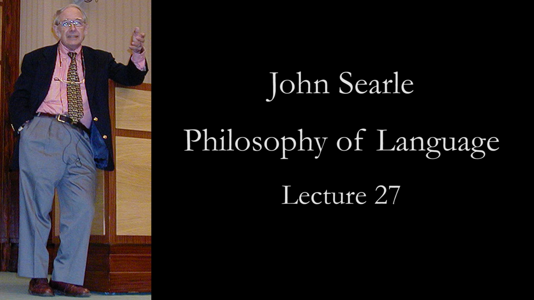He says there's an initial baptism, and then the name is passed from speaker to speaker, and the only intentional content is that each speaker has to have the intention, I am referring to the same object as the person from whom I got this name. That's the only content, but what secures reference is the continuity of the causal chain. So this is supposed to be an attack on the descriptivist conception of proper names.